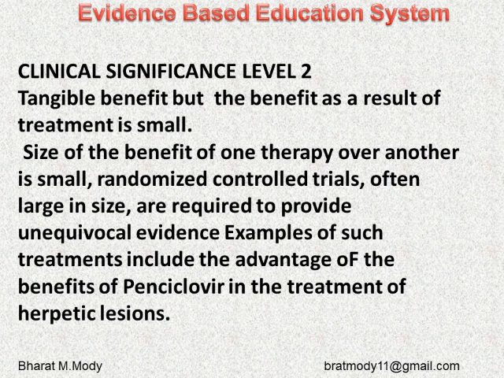Level 2 has a tangible benefit, but the treatment result is very small. So in these conditions, you need to use a randomized control trial to really find some effect.